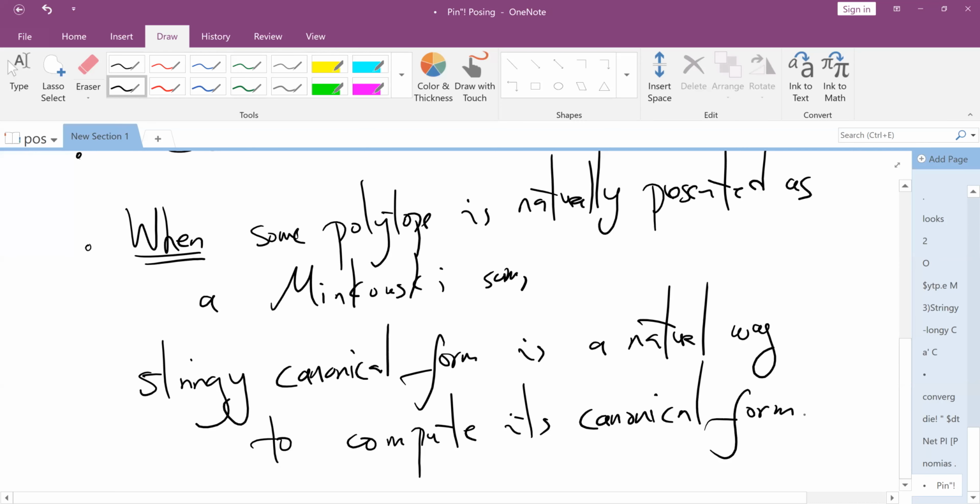Okay, now there are a lot more things we could say about stringy canonical forms. They're related to scattering equations and other things like that, but I think that's all I will need for my purposes. So let's just stop there.